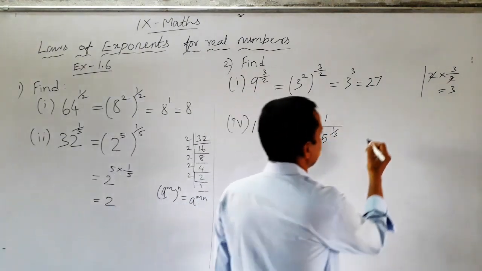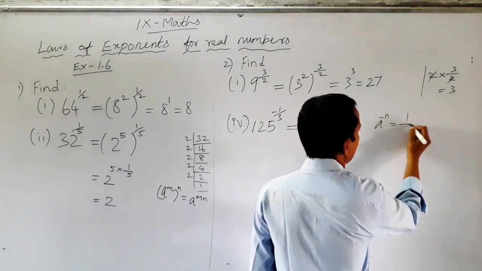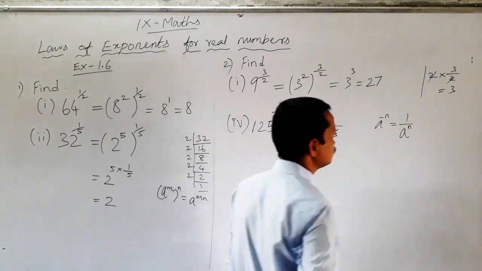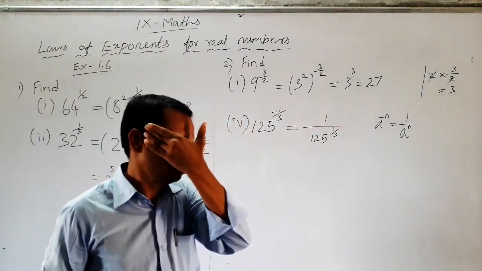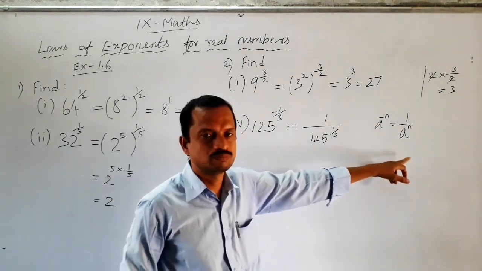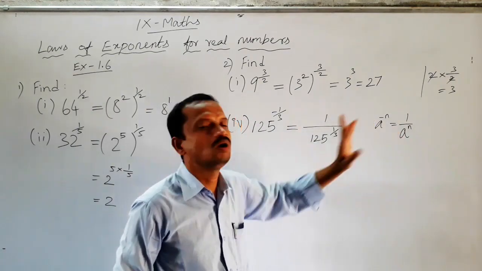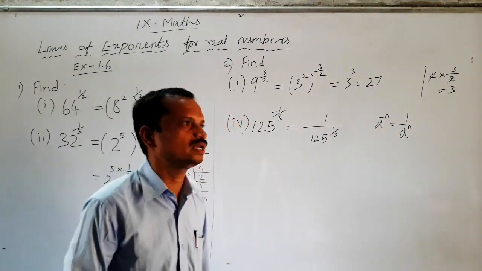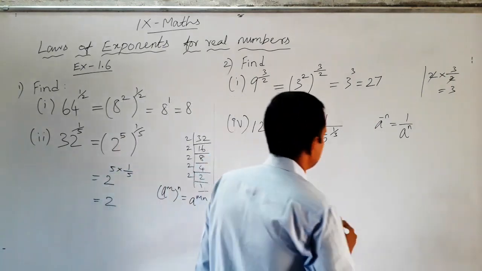You know, a power minus n you can write as 1 by a power n. Alright? a power minus n, whose exponent is negative, we can write as 1 by a to the power n. That is changing the negative exponent to positive. So then only we can apply that exponent to the base.